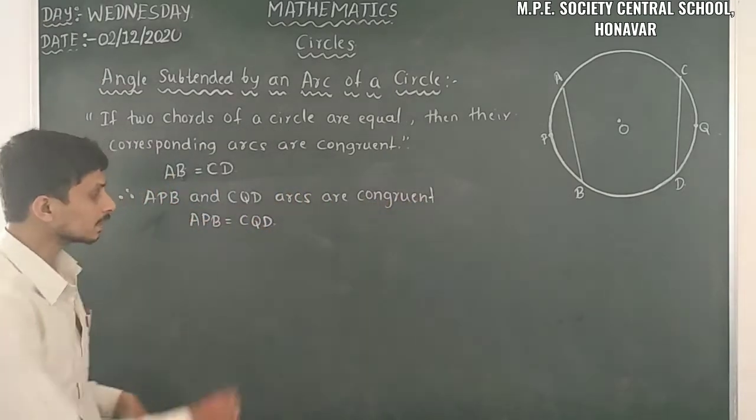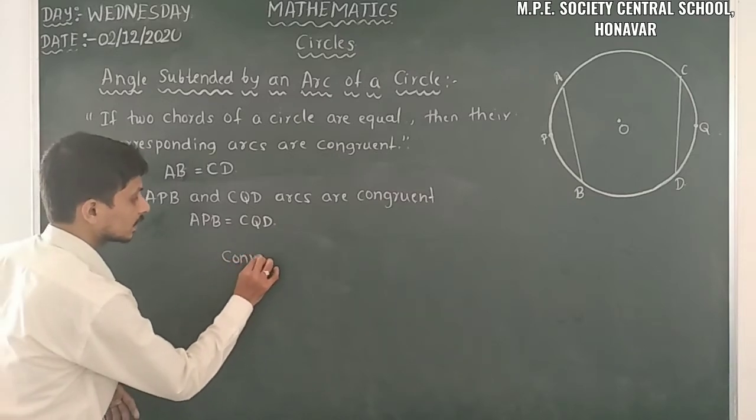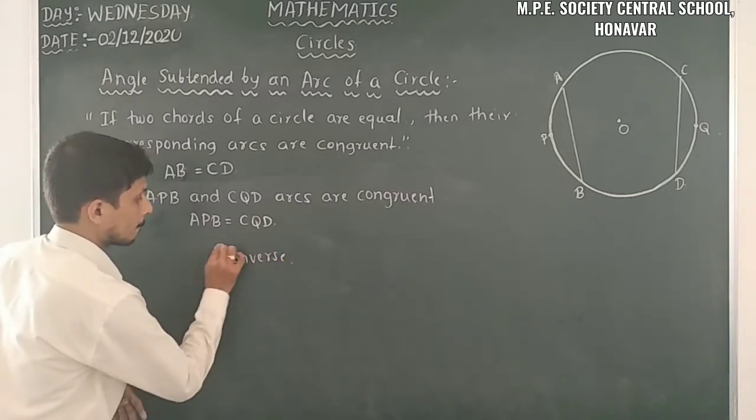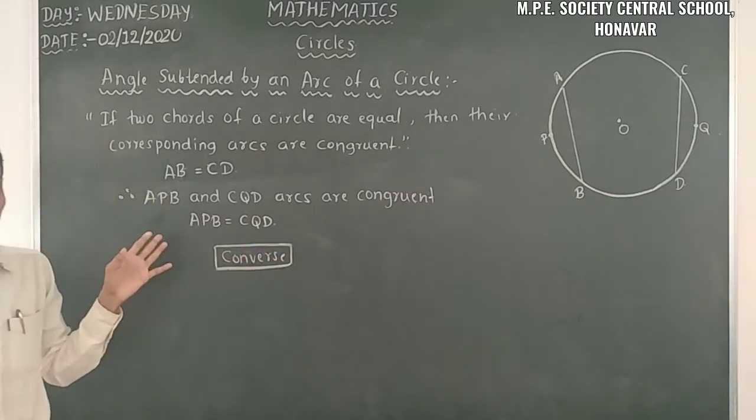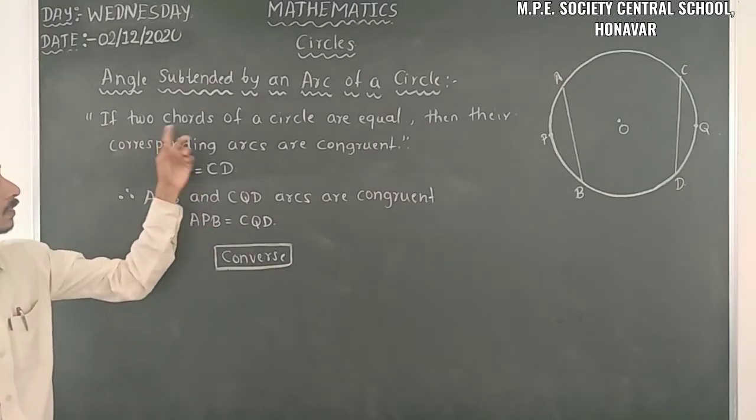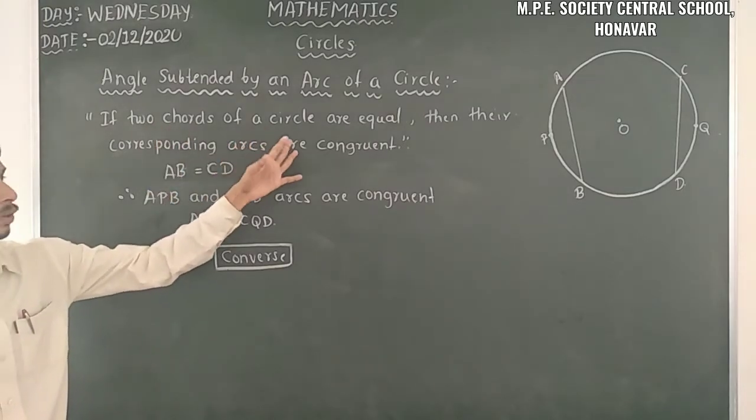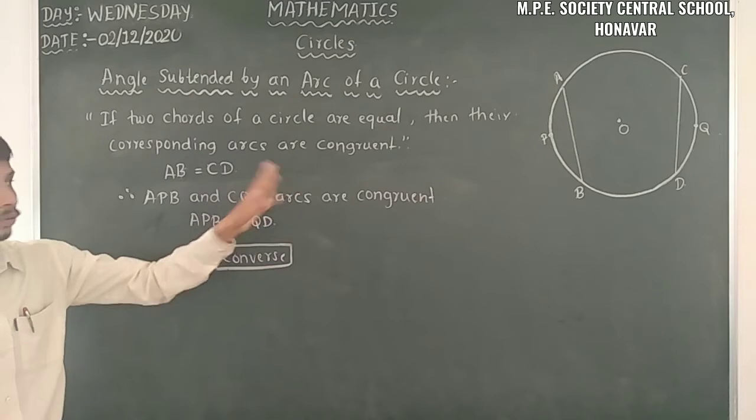So let us take the converse of this theorem. The first given part is: if two chords of a circle are equal, then the corresponding arcs are congruent.